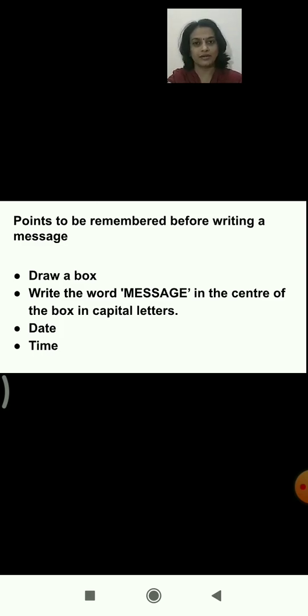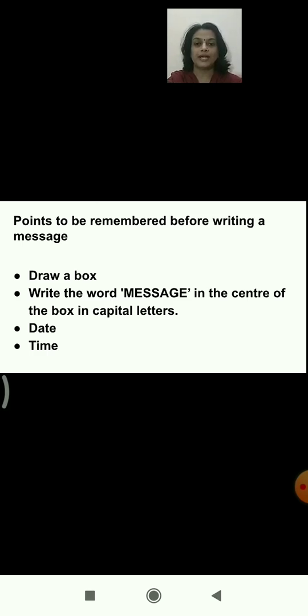You can draw the full square, or you can draw only three sides of the box and leave the bottom line. Once you finish writing your message, you can leave one line and draw a line to complete your box, right?